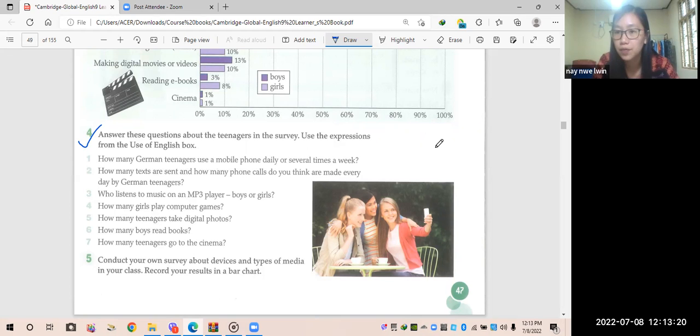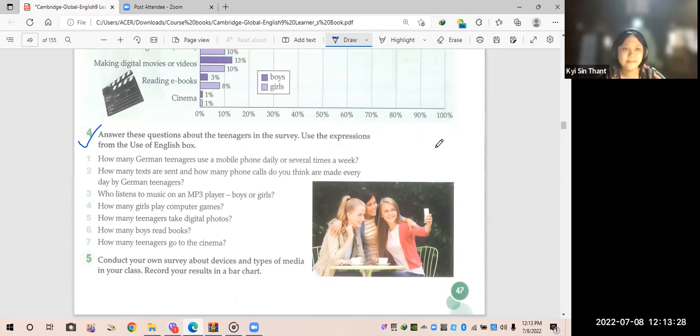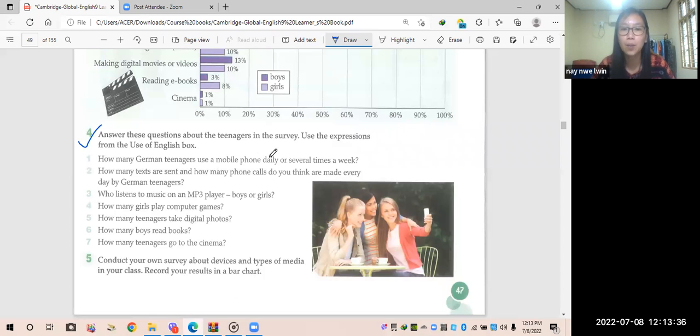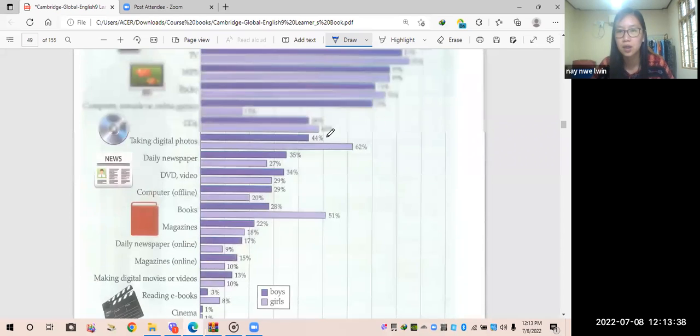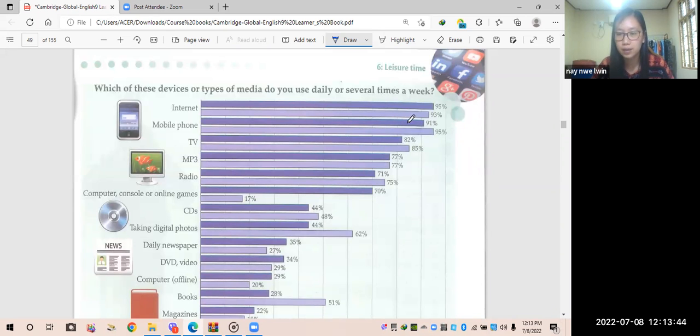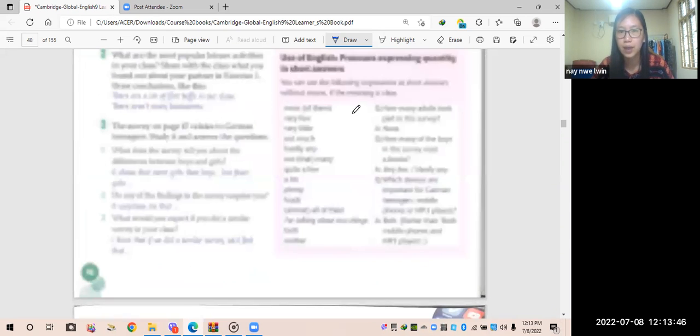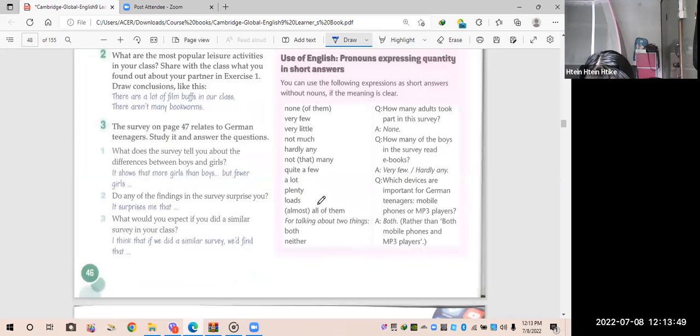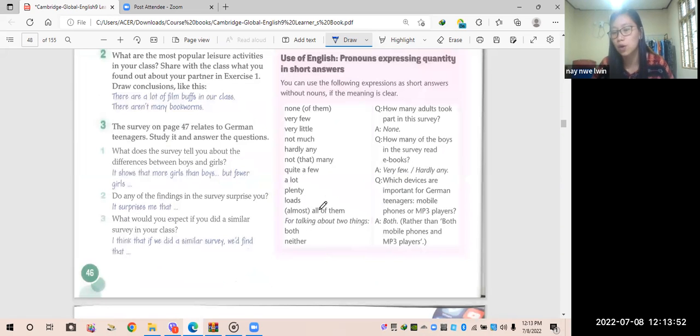So how about the others? Have you finished? Yes, teacher. Okay, so number one, how many teenagers use a mobile phone daily or several times a week? So using mobile phone, it's over 90%, right? So how can we answer that? All of them. Almost all of them. We can say almost all of them or all of them, right? Because it's over 90%.